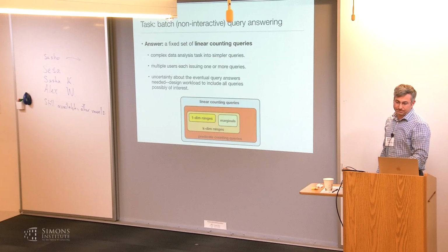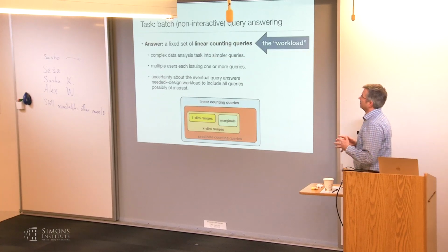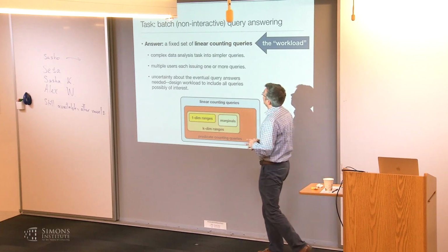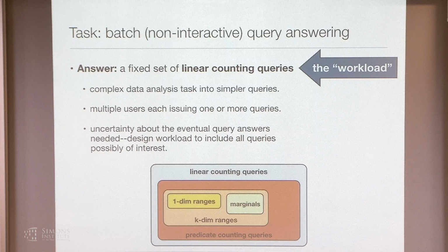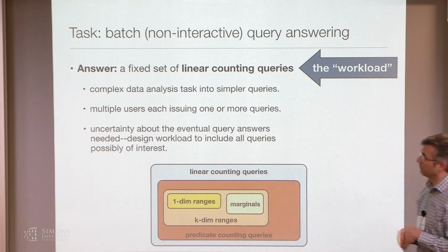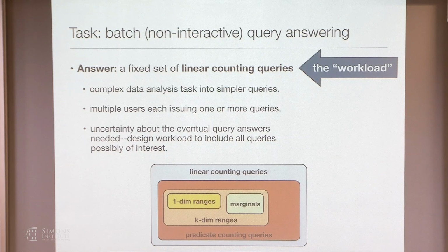So I'm going to focus on the same task that Sasho focused on. Batch, sometimes known as non-interactive query answering, of a workload of linear counting queries. And as he told you, linear counting queries are good for lots of things. And I want to take a moment to address where the workload might come from.